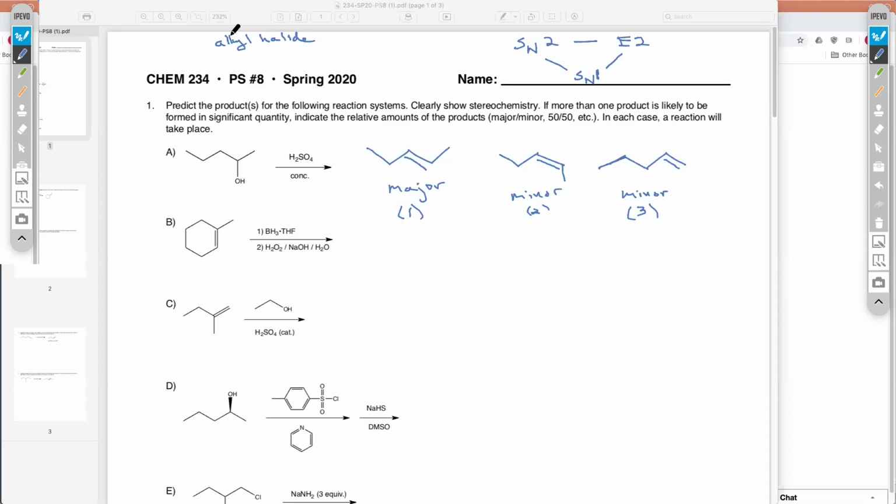So this could be like an alkyl tosylate, but whatever has a good leaving group. And then we also have to think about the base or nucleophile, because remember, species act either as bases or nucleophiles depending on other conditions, depending on the alkyl halide, and of course, the solvent is really important. So these three things all have a really big impact on which one of these takes place.